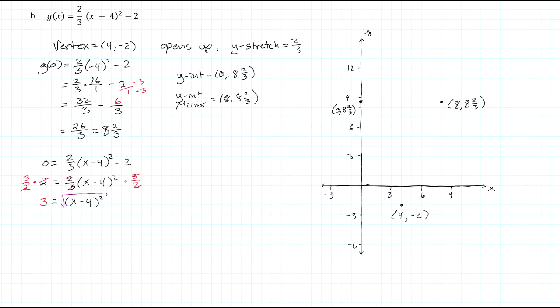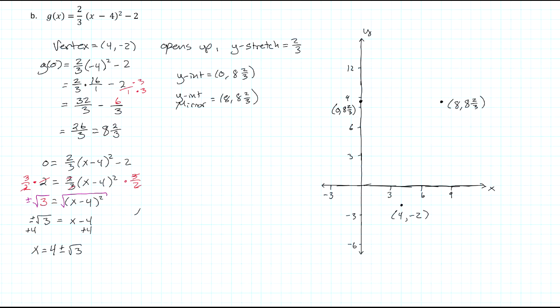If I take the square root of both sides, not forgetting the plus or minus, I get plus or minus the square root of 3 equals x minus 4. And I'll add the 4 to both sides, and this will give us x equals 4 plus or minus the square root of 3.